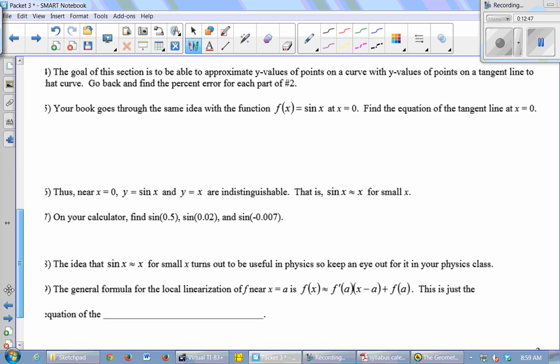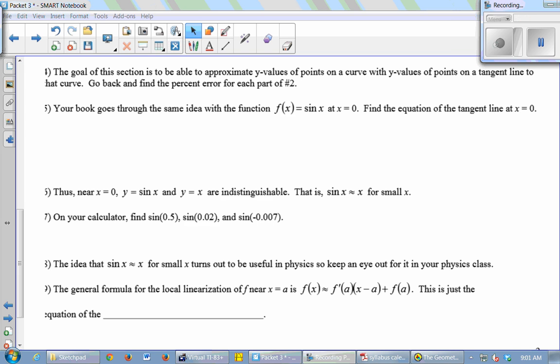Okay. So your book goes through the same idea with the function sine of x at x equals 0. Take a few minutes, find the equation of the tangent line to sine of x at x equals 0. All right, so looking for the equation of the line that's tangent to sine of x at x equals 0.